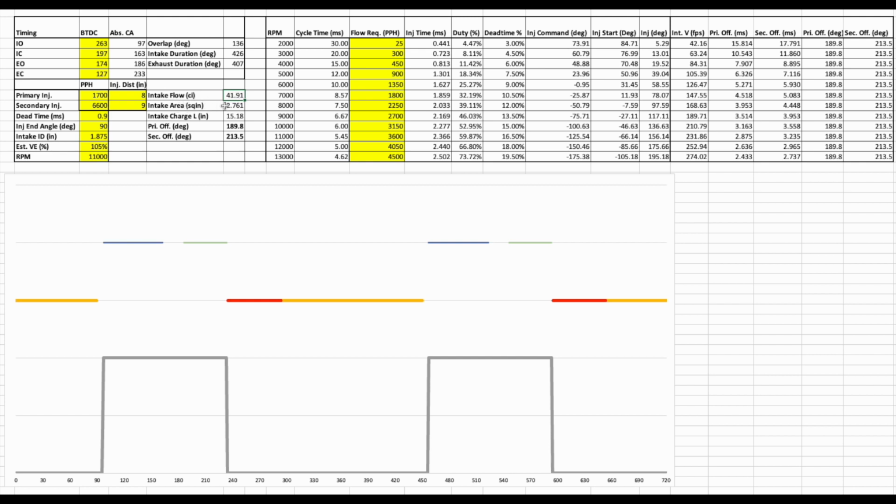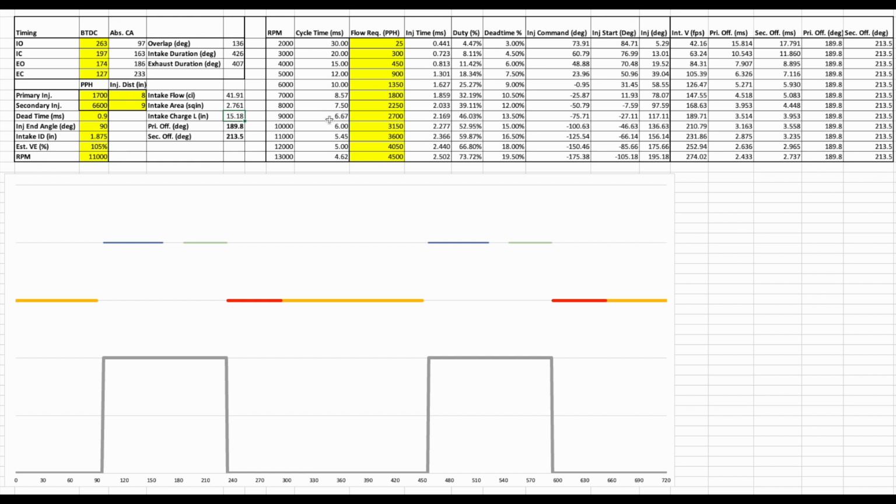If the area of the port, based on the internal diameter, is 2.76 square inches, then the length of the charge in the intake at this diameter to make this volume is 15.18 inches. So now we know how much, in terms of the length of the charge, needs to flow through the port.